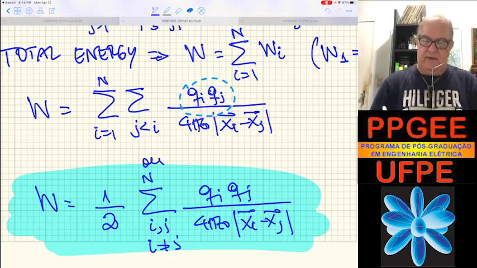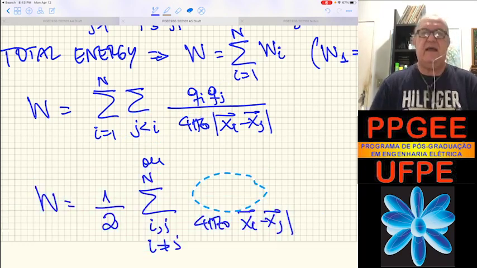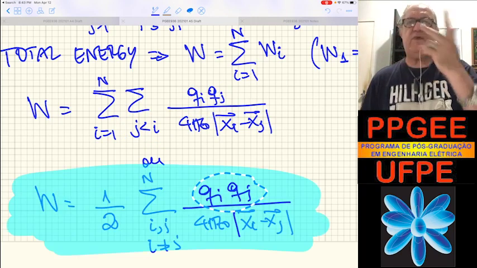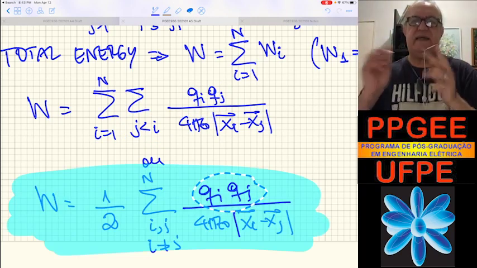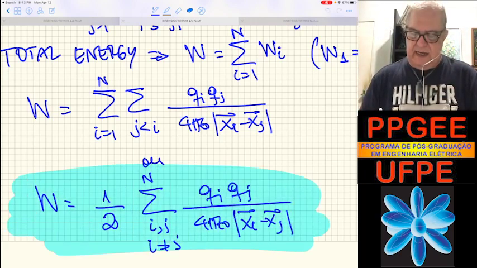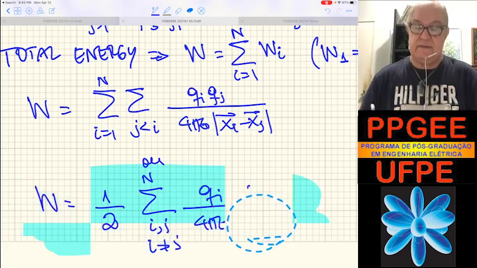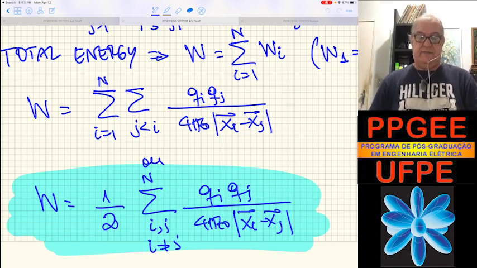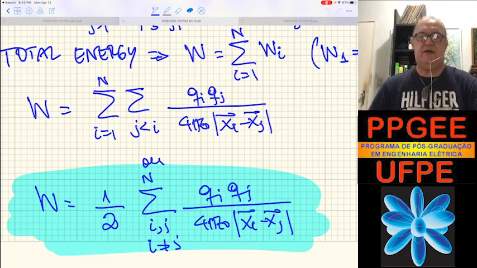In this one here, we have 2 times the same factor. Q1, Q2, Q2, Q1. You have to divide by 2 because they give the same contribution, because this thing here doesn't change. So that's the energy of a system of any charges.